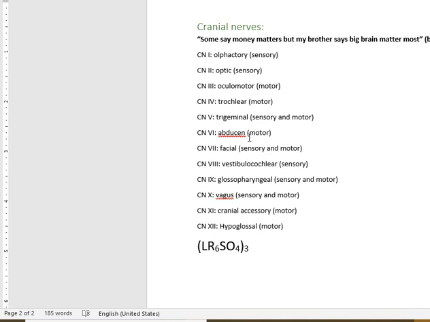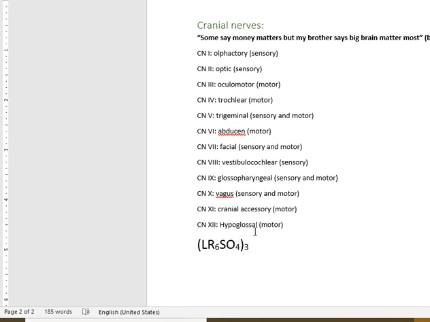Now, the other muscles of the eye consist of the medial rectus, the inferior oblique, the superior rectus and the inferior rectus. These are all the rest which are supplied by the oculomotor nerve. We also have the levator palpebrae superioris, to elevate your superior eyelid.